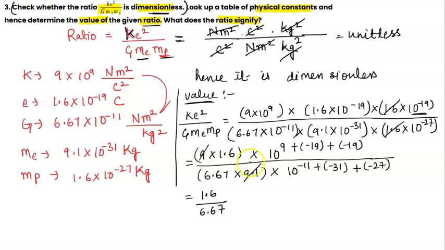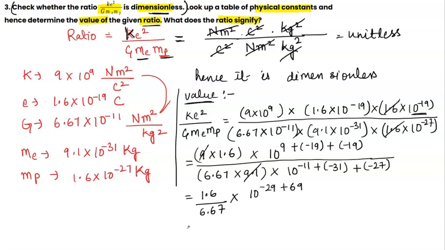Now for the power: for 9 minus 19 minus 19, we get 10 to the power minus 29, divided by 10 to the power minus 11, minus 31 and minus 27. After solving, we get minus 69. For a negative power in the denominator, it goes to the numerator, so minus 69 turns into plus 69 and the denominator is removed.